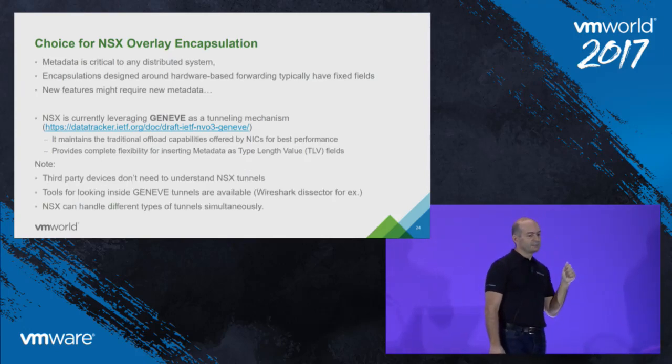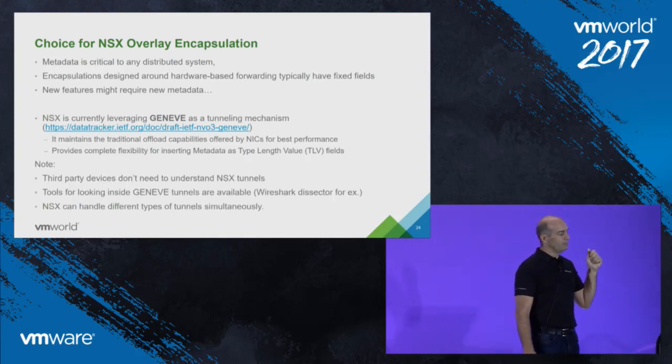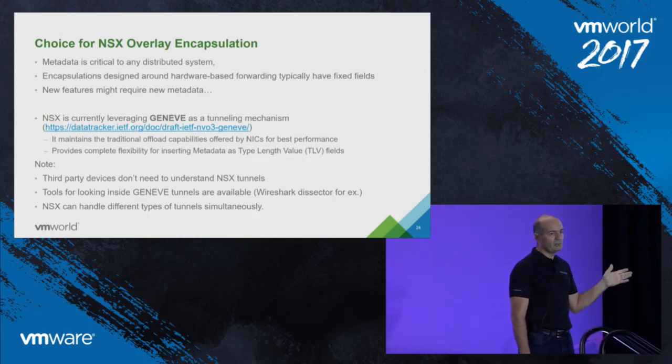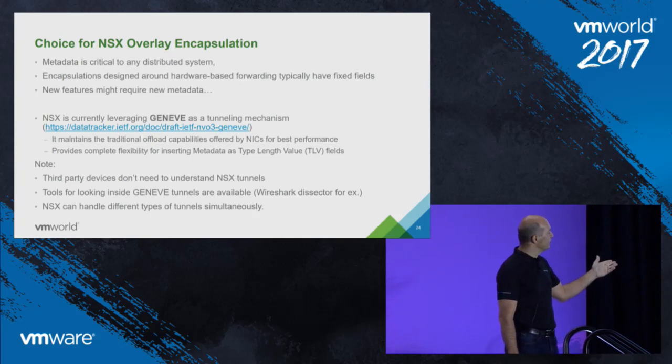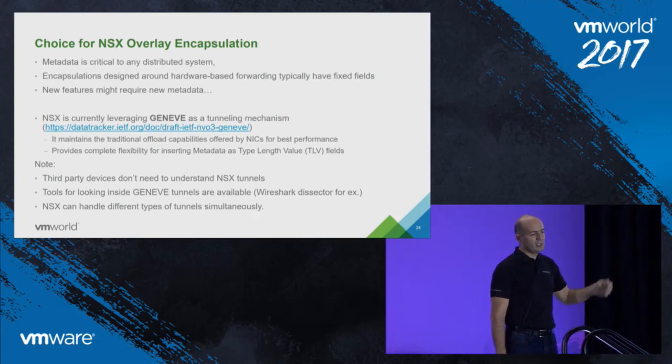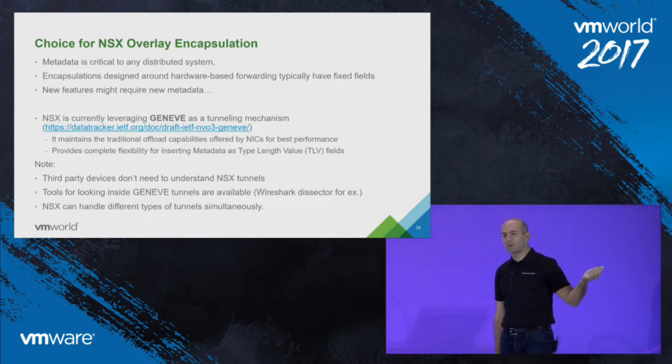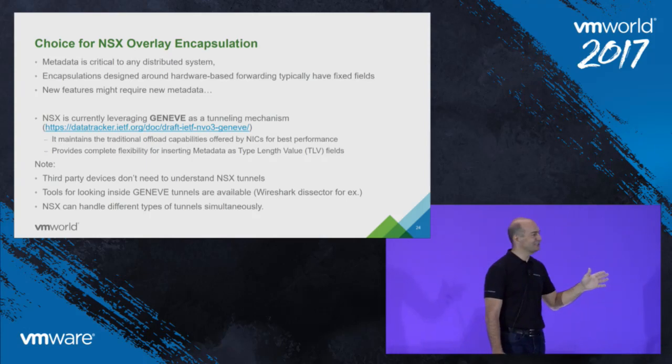Note, however, that we have the capability of looking into those packets, because Geneve is an IETF standard. I mean, you can look at the format. We have a Wireshark dissector, stuff like that. You could look into those, but again, it's not needed.